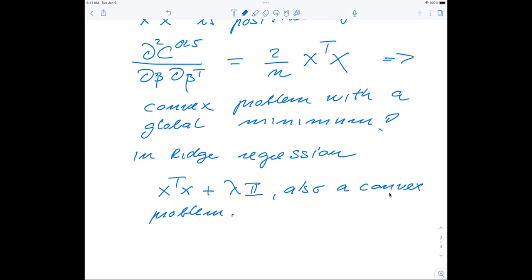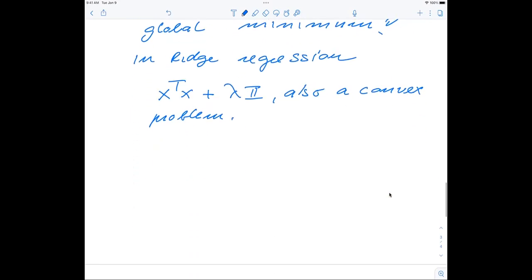Now, there's another small intermezzo before we move on to the analysis of ordinary least squares and ridge regression in terms of the singular value decomposition. So let's call this intermezzo number 2, because this is also a very useful property.